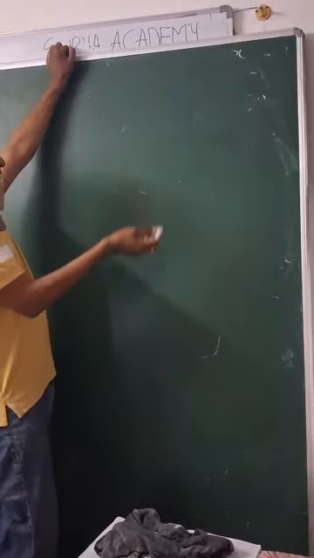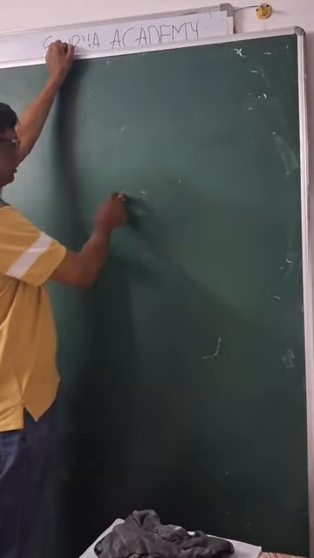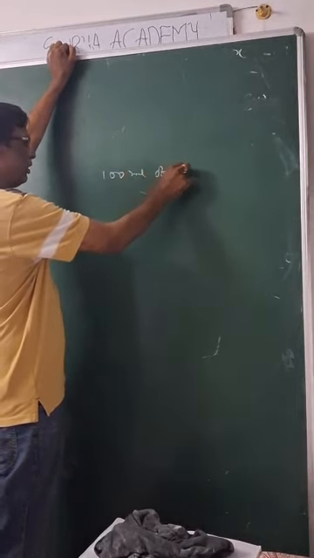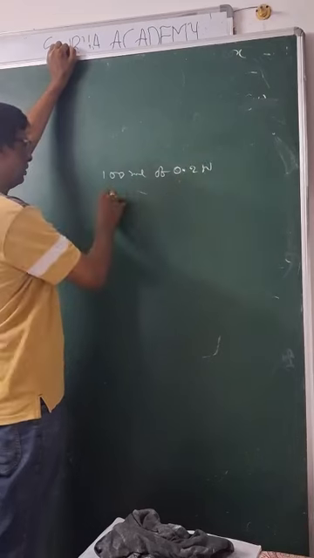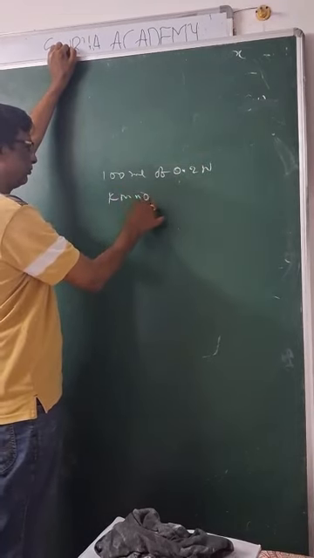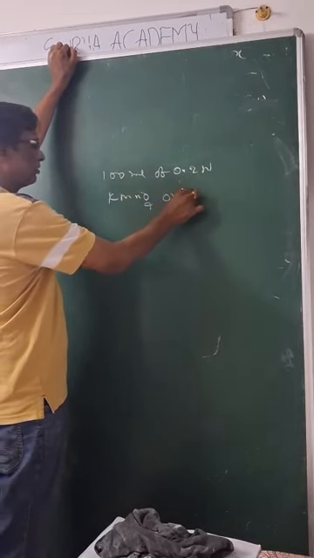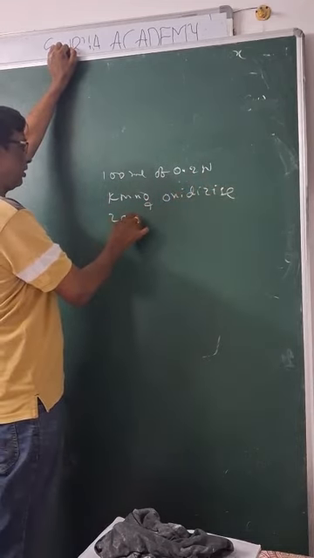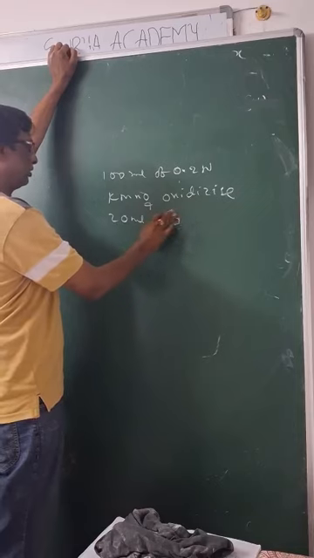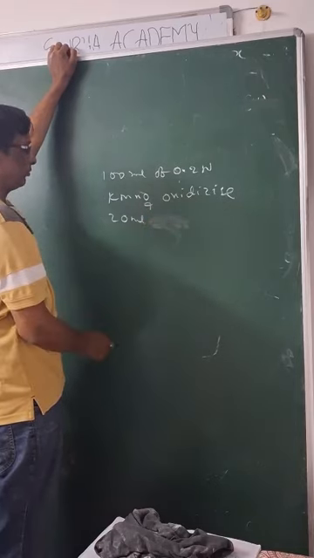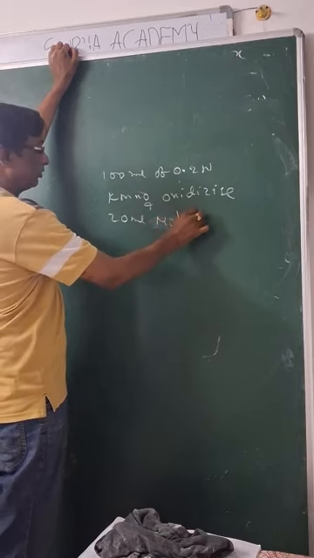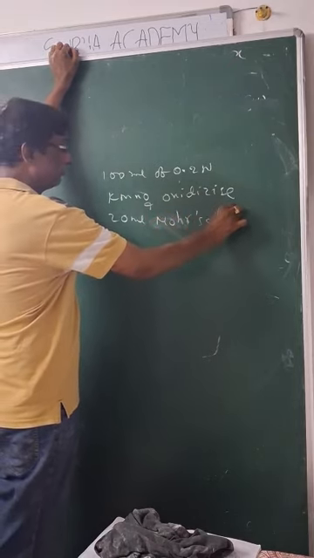See what type of questions are there on equivalents. 100 ml of 0.2 N KMnO4 oxidizes 20 ml of Mohr's salt in acidic medium.